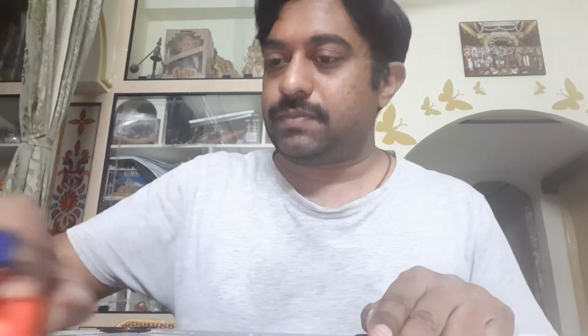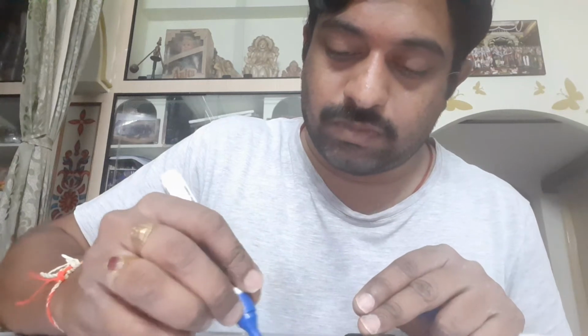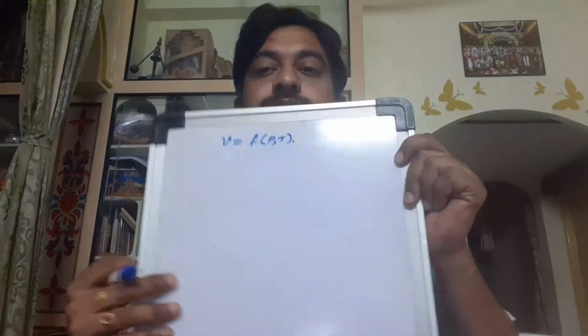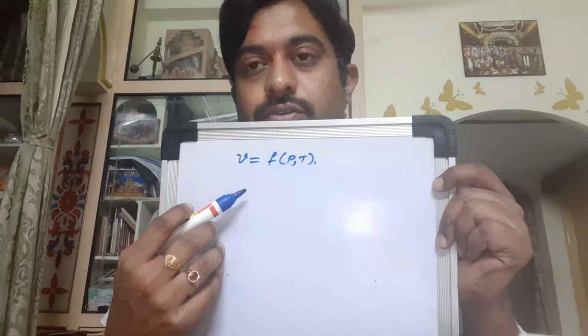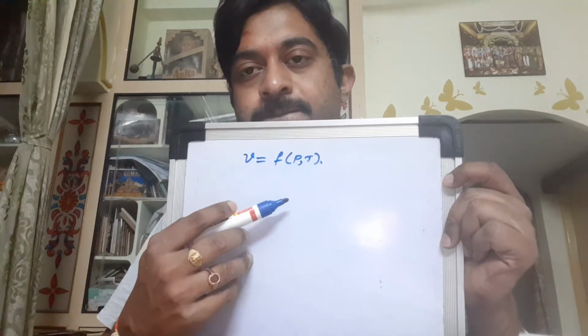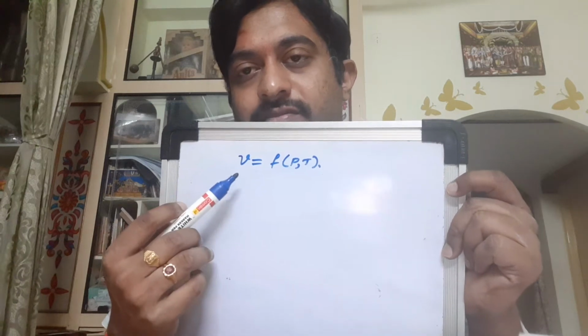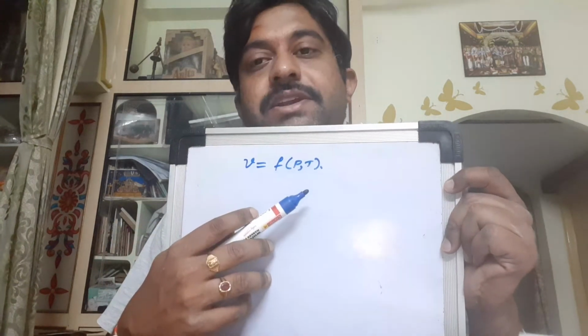Now what I want to show is, specific volume is a function of pressure and temperature. Again I am sticking to the basic rules. Specific volume or volume, pressure, temperature, PVT, these are the basic things. So specific volume is again a function of pressure and temperature.